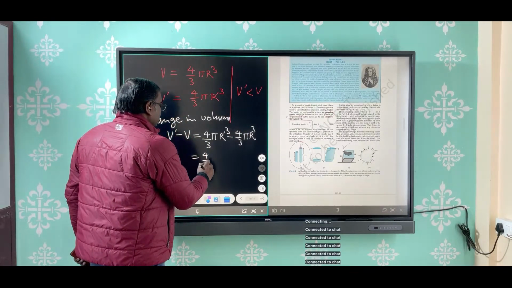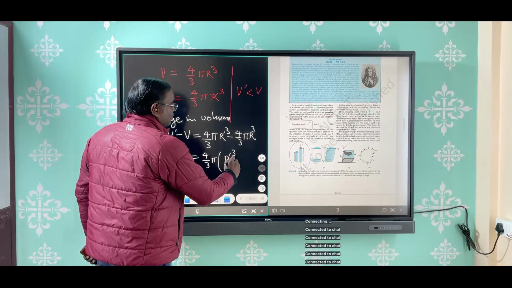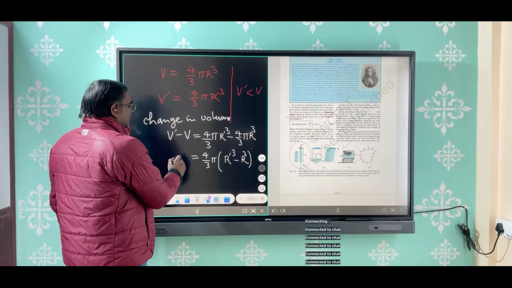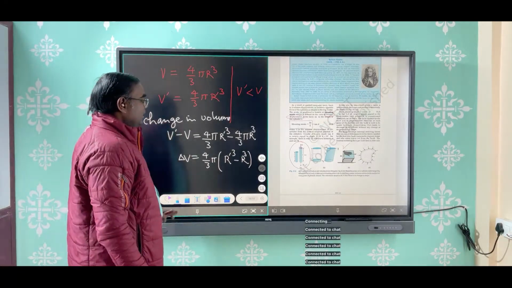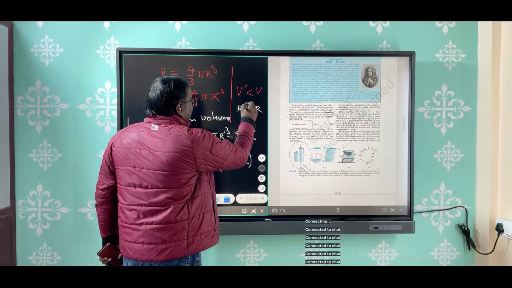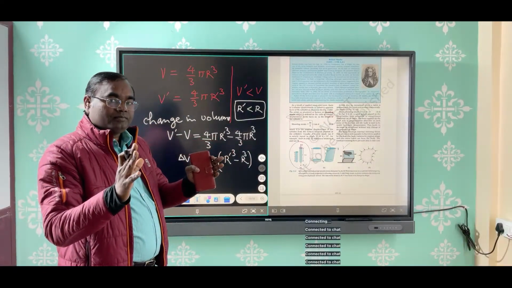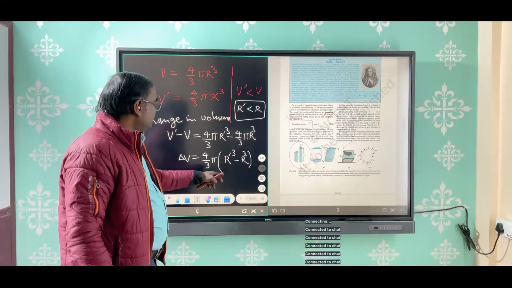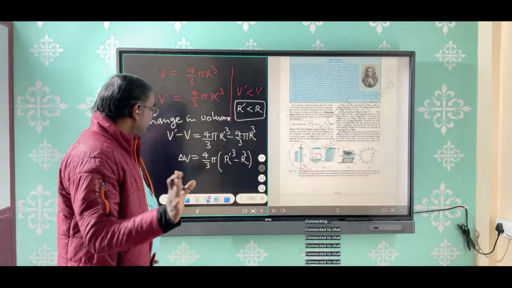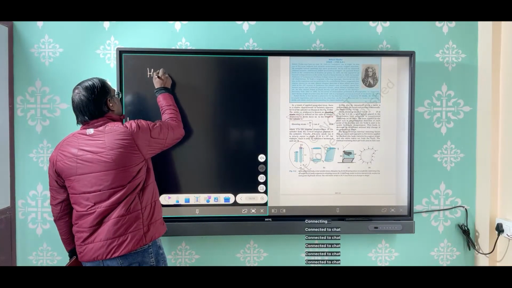So 4 by 3 pi is common out, R prime cube minus R cube. See, so this is the change in volume, and that is equal to delta V. You must note here that R prime is less than R because the sphere is getting shrink. So R prime must be less than R. So this value is going to be negative. Mind it. So our hydraulic strain will be given by hydraulic strain for sphere.